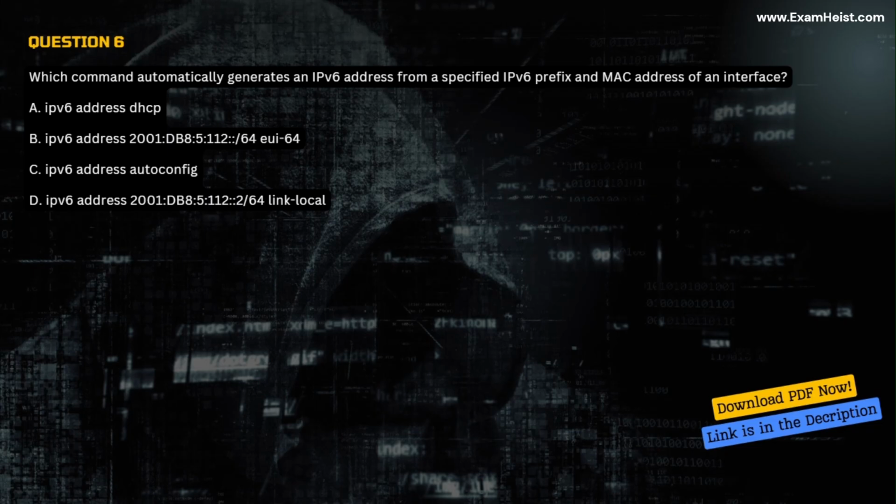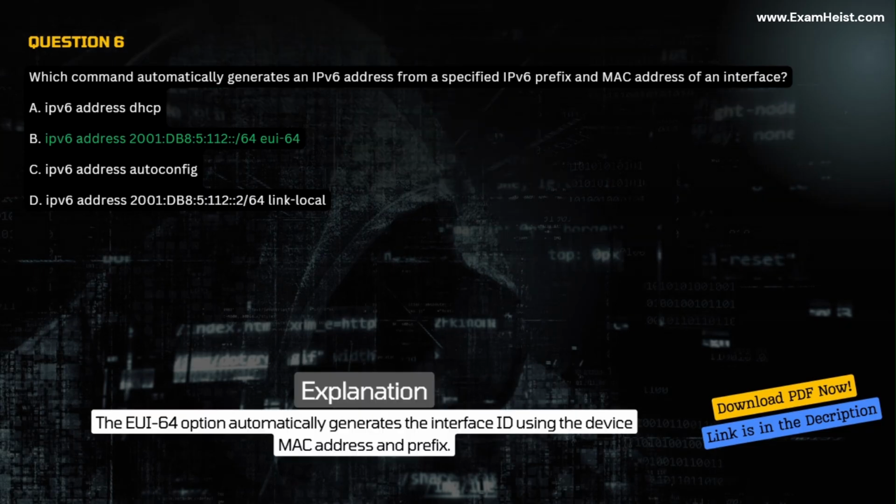D. ipv6 address 2001:DB8:5:112::2/60 link-local. Correct answer B. ipv6 address 2001:DB8:5:112::/60 eui-64. Explanation: the EUI-64 option automatically generates the interface ID using the device MAC address and prefix.